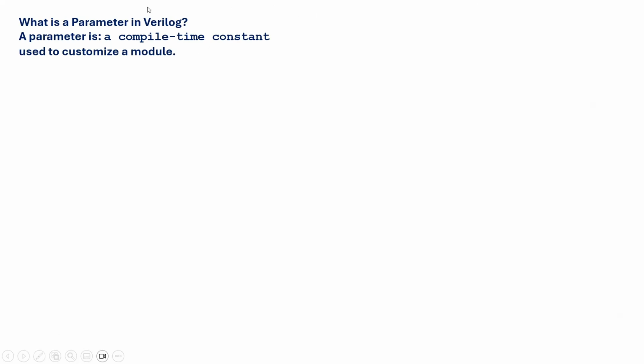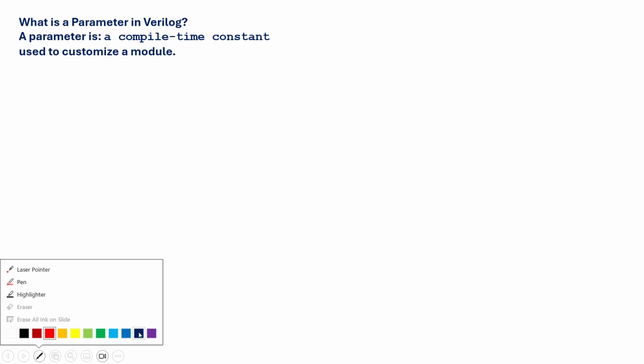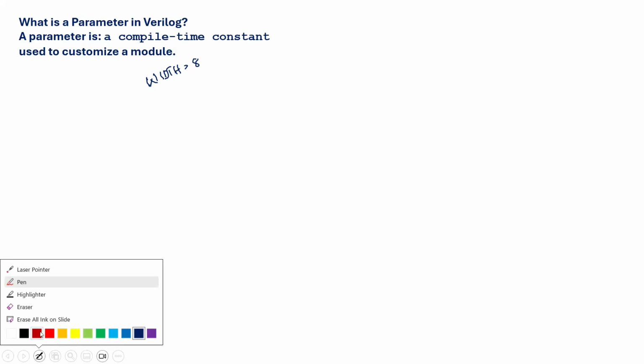See, a parameter is a compile-time constant. Compile-time constant means during compilation it will use constants like width; I will take width as 8. That means whatever variables you consider in your module will use the constant number 8.